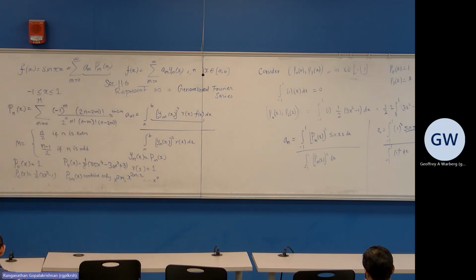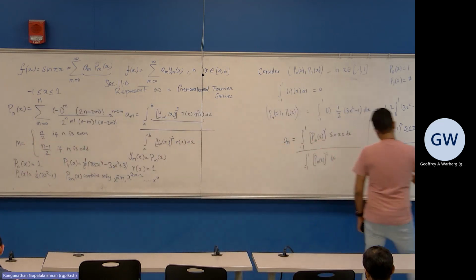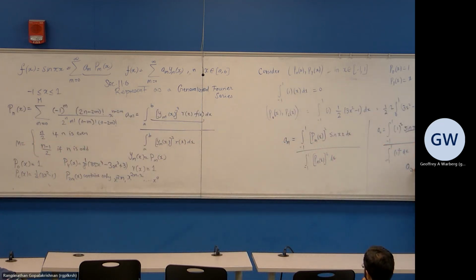So a useful simplification is A_2m is 0. Are you okay with it? Yeah, yes, possible.